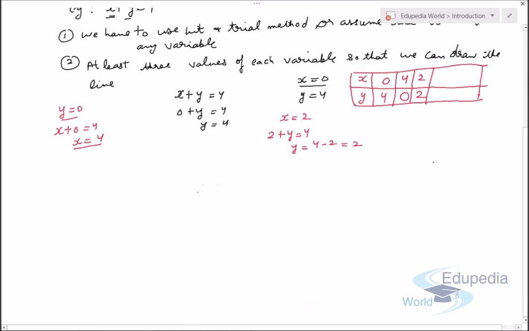Now what we'll do is we'll draw the graph for this. We'll use the Cartesian method. Now this is the Cartesian method. This is y, this is y dash, this is x dash, and this is x. Now this is origin.